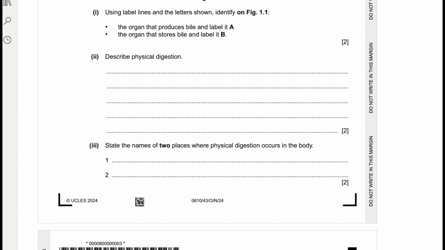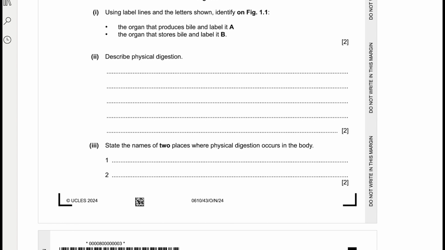Describe physical digestion. So the next question wants us to tell what is physical digestion. Physical digestion is the process in which food substances are broken down into smaller substances without any chemical change.